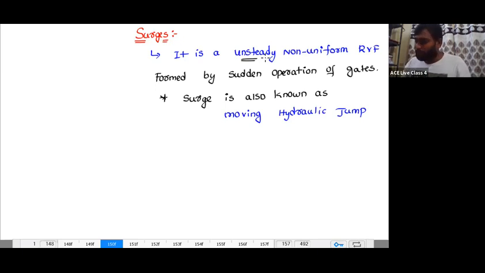So for that, before going to those, let's see the types of surges.